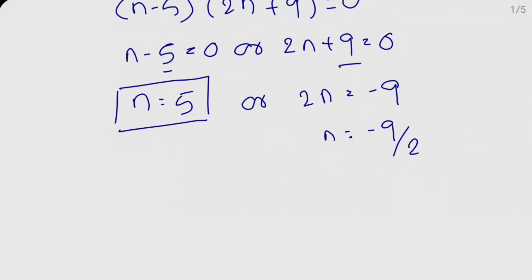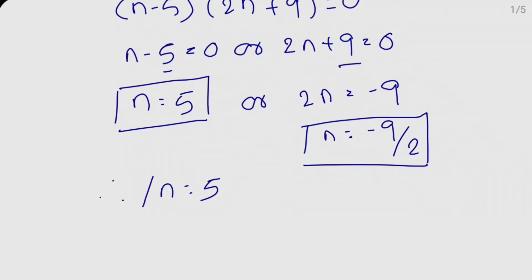This 2 comes to the RHS side, it becomes a division. So here we have n equal to 5 or n equal to minus 9 by 2. But as we know that n can neither be negative nor be a fraction, therefore n equal to 5 we will consider, right? So n value is 5 here.